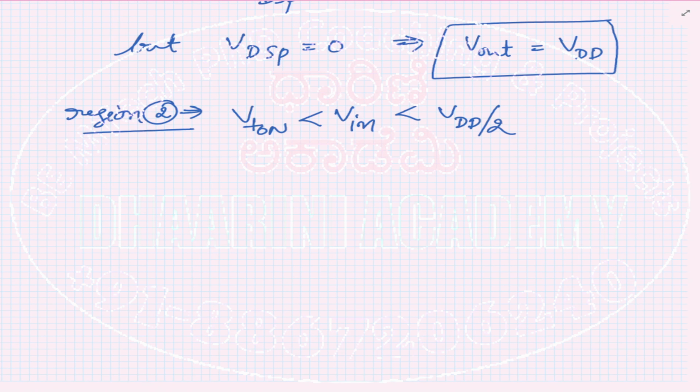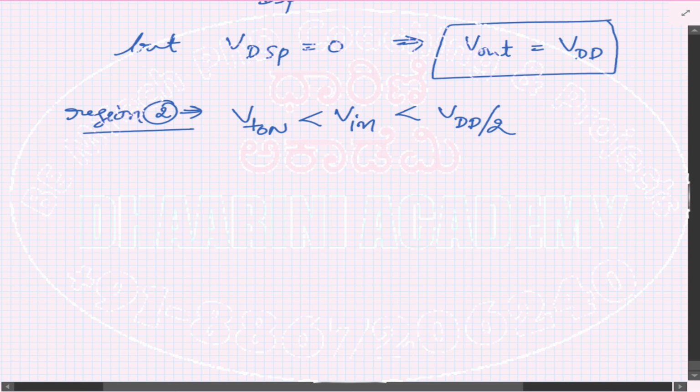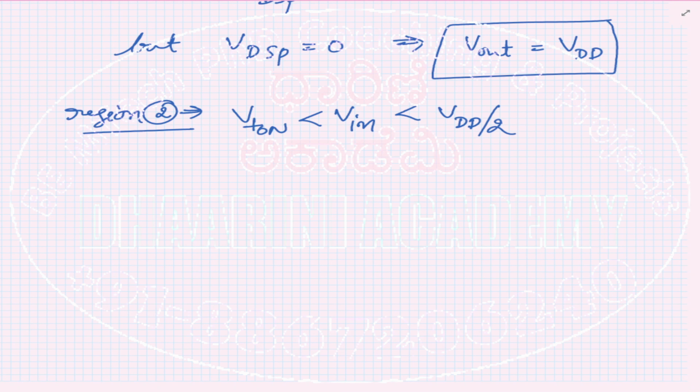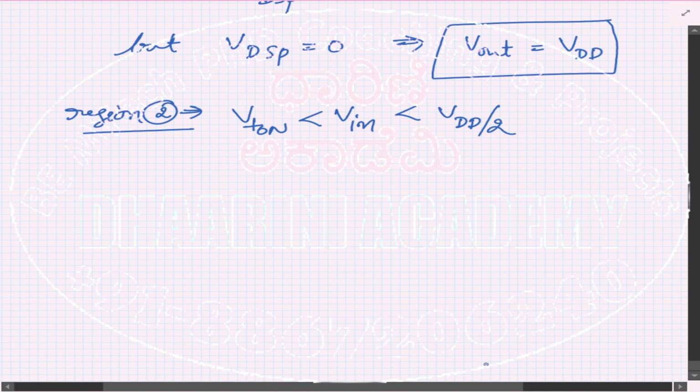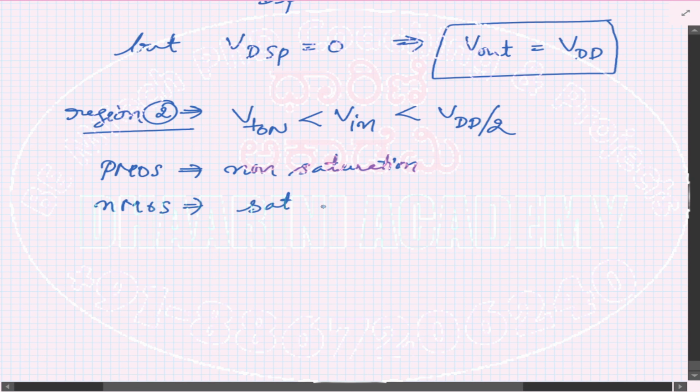In this case, the PMOS transistor is in the non-saturated region, and NMOS enters into saturation. Now the output voltage is equal to Vin minus VTP.